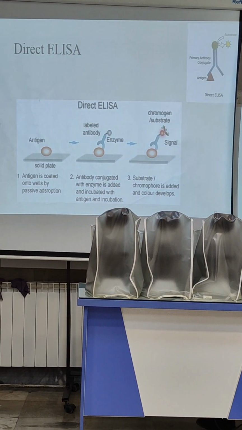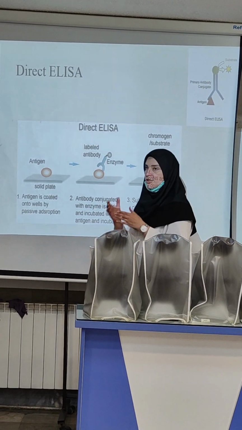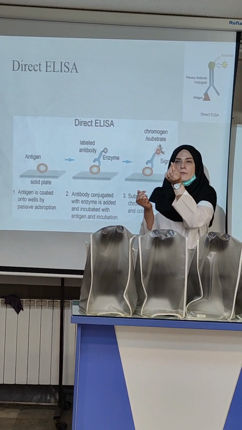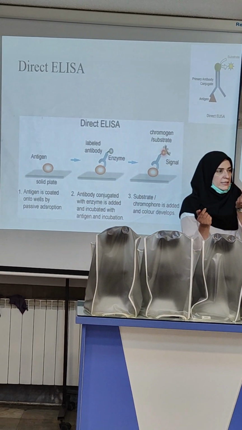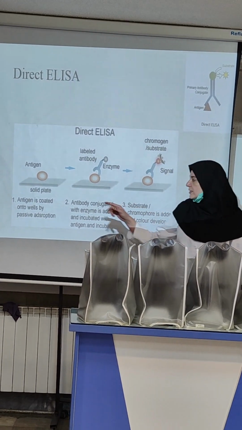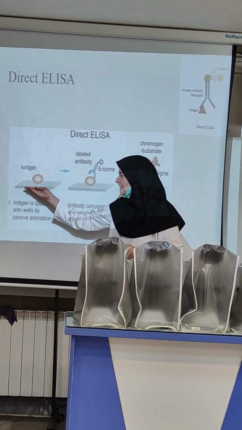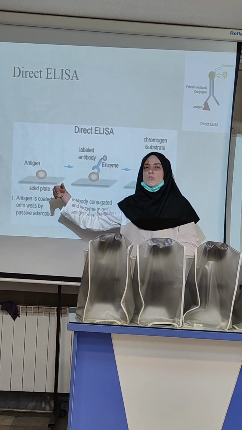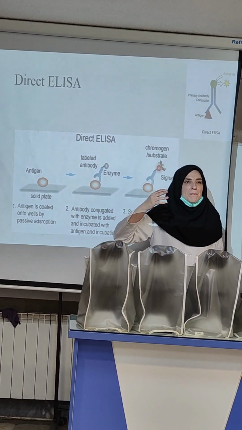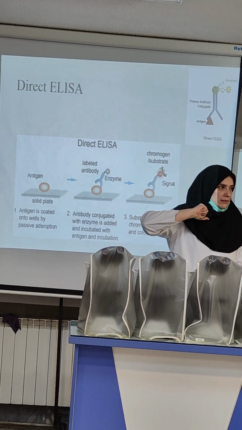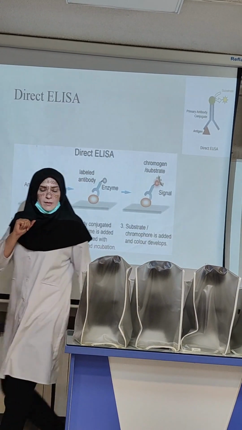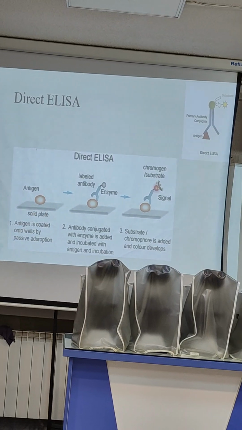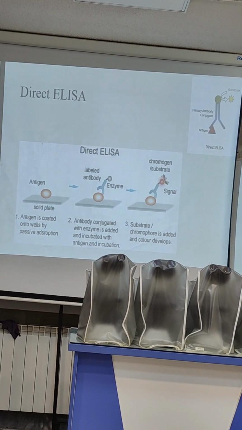Consider, as I show you, we have a microtiter plate with several wells. Consider this gray plate as a well. I want to show you what happens inside each well.